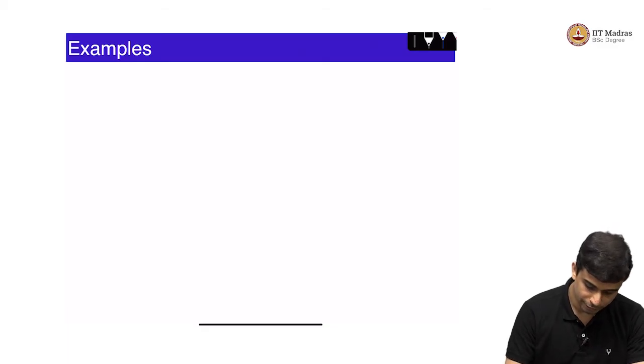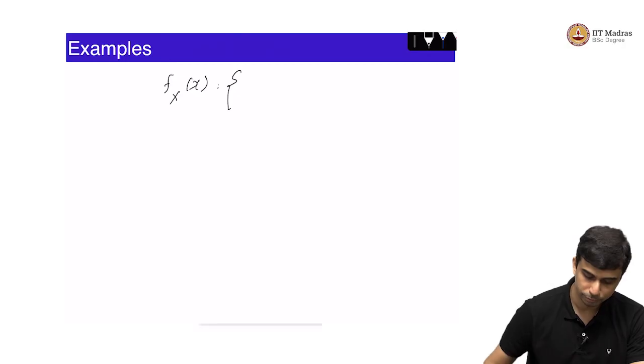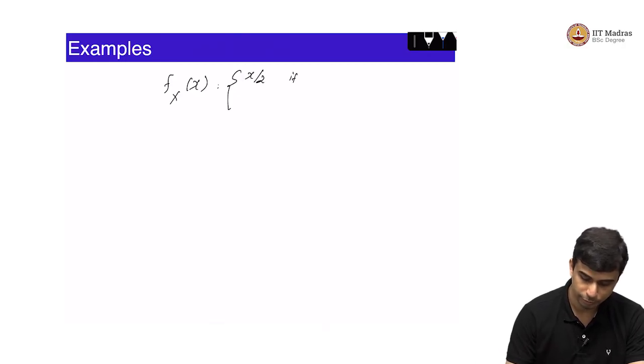Let us say X is distributed as follows: f_X(x) is equal to x by 2 if x belongs to [0, 2], and 0 otherwise.